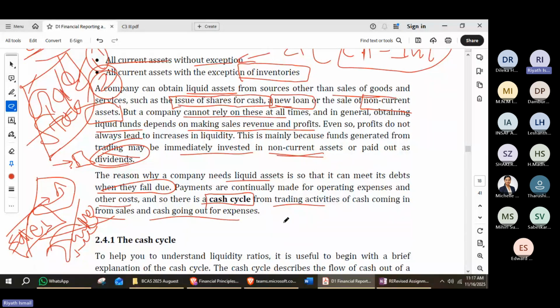The cash generated by sales should not be used for non-current assets or paying dividends. It should be used for settling suppliers and other operating expenses, say paying employee salaries. Now let's see the cash cycle.